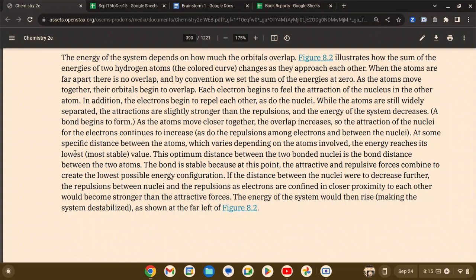The bond is stable because at this point, the attractive and repulsive forces combine to create the lowest possible energy configuration. If the distance between the nuclei were to decrease further, the repulsions between nuclei and the repulsions as electrons are confined in closer proximity to each other would become stronger than the attractive forces. The energy of the system would then rise, making the system destabilized, as shown at the far left in figure 8.2.